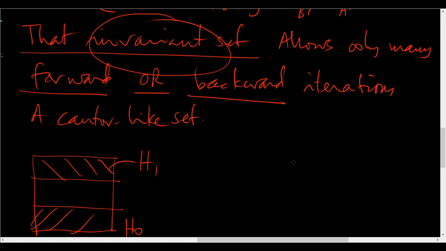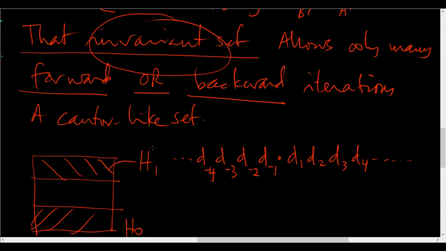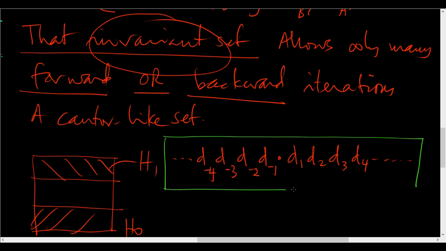There will be a binary point, and then we will have D1, D2, D3, D4 like this, and D minus 1, D minus 2, D minus 3, D minus 4 like this. So this is our characterization of points in the invariant set of the horseshoe map.